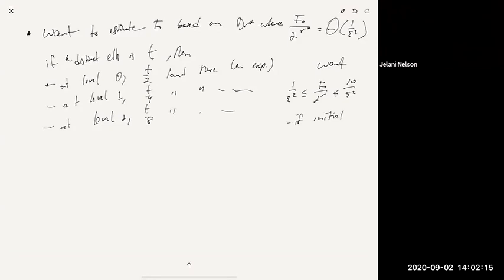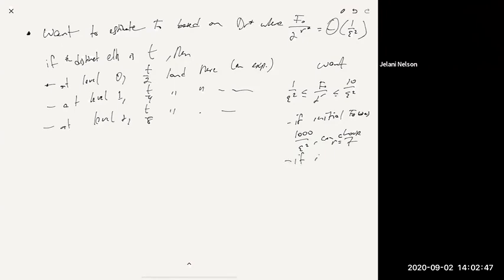So let's say f0 was 1,000 over epsilon squared, how can I choose r? I just need to choose r such that 2 to the r is roughly 100. So I can choose r to be like 7, right? Then 1,000 over epsilon squared divided by 2 to the r is in this range.